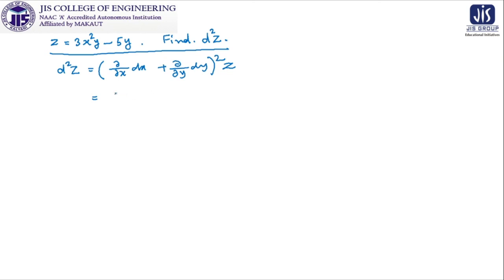So we can write it as, just distributing, (del x dx plus del y dy) and again (del x dx plus del y dy), multiplying them in the operator form, you will get this expression: del 2 z del x2 dx square plus 2ab part, so 2 del 2 z del x del y dx dy, plus del 2 z del y2 dy square.